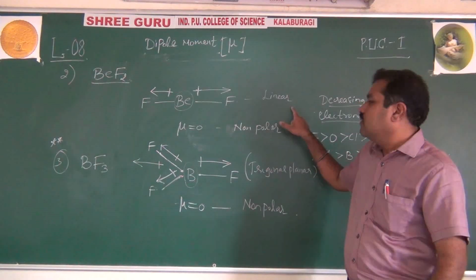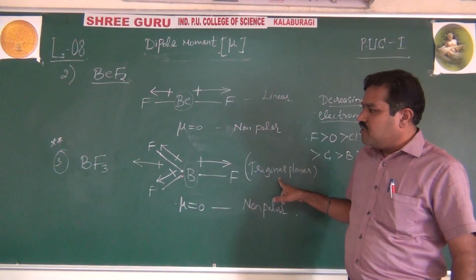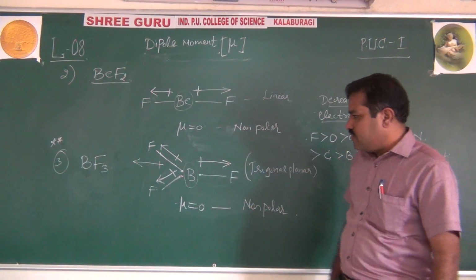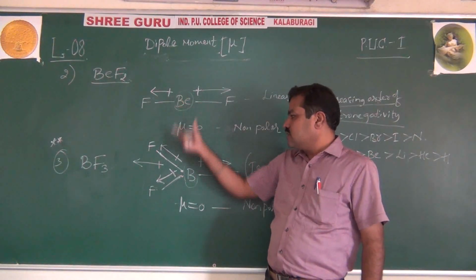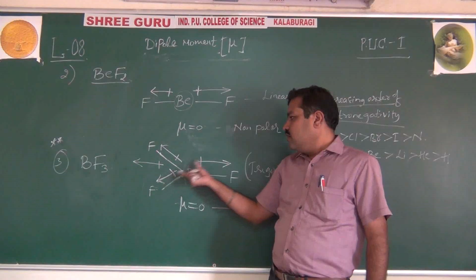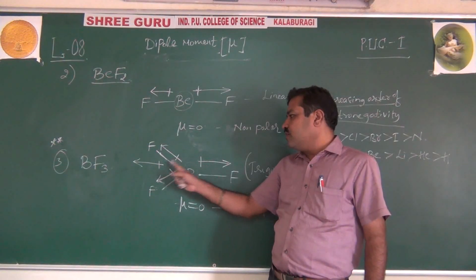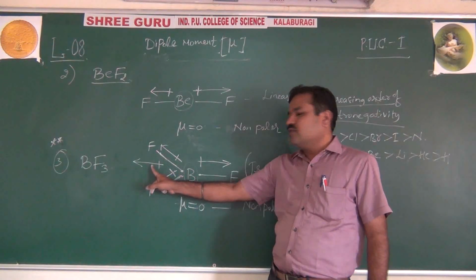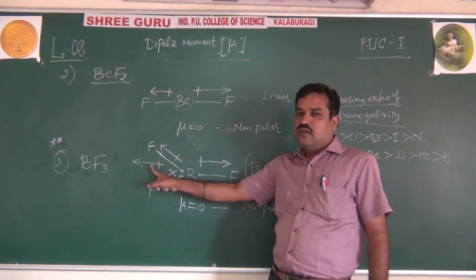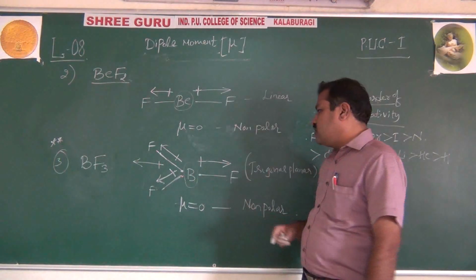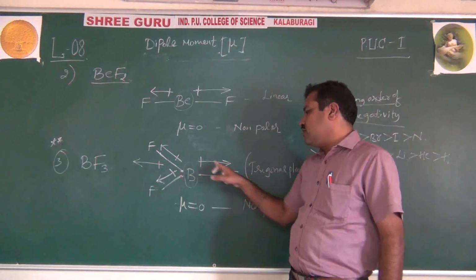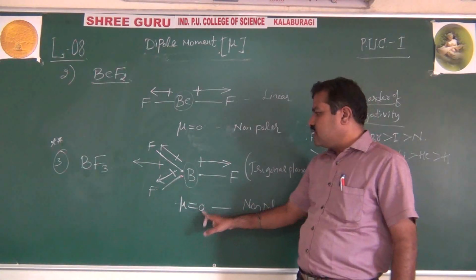See, linear, trigonal planar boron trifluoride. I will once again repeat. See here, these two sides are opposite like this. You have to imagine like this. And on this side there is only one, therefore the third side is equal to the fourth. You have to imagine in a three-dimensional way. So the resultant of the two sides is equal to the third side, therefore mu is 0.